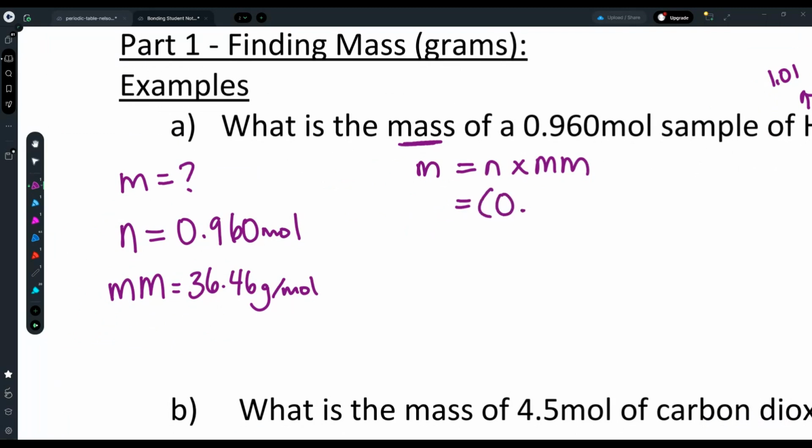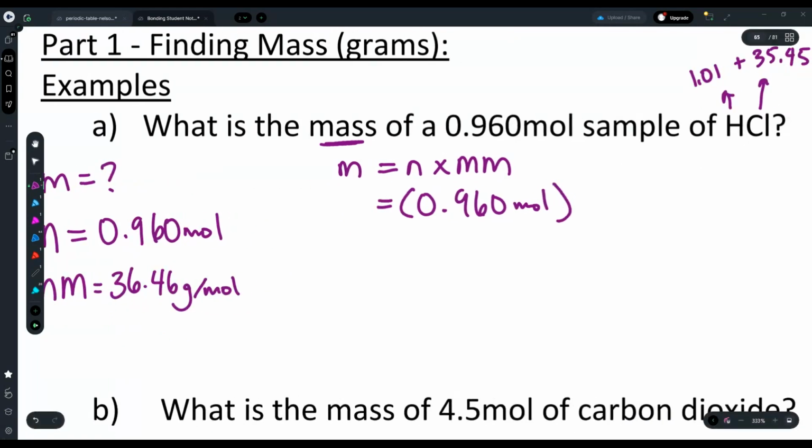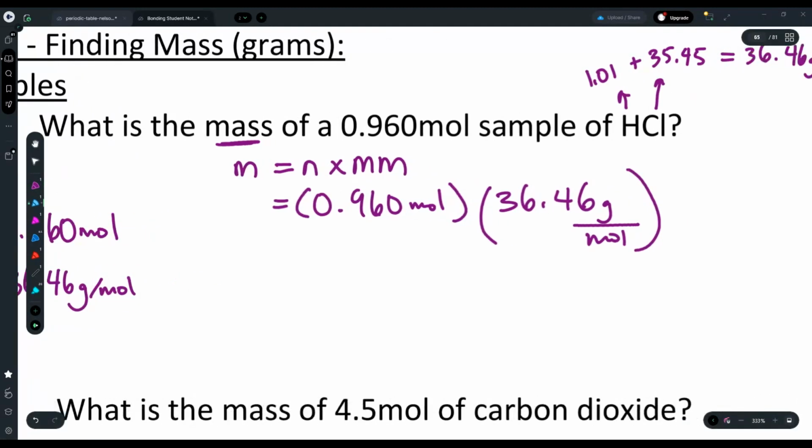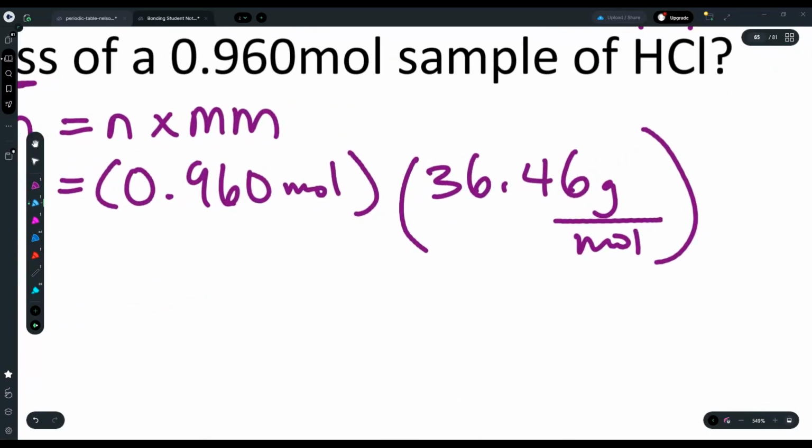So 0.960 moles, and I recommend writing down the units here, just so you can see how they cancel out. So it's a nice kind of segue into unit analysis. Okay, so just looking at the units here, I notice that I have moles on the top and the bottom.